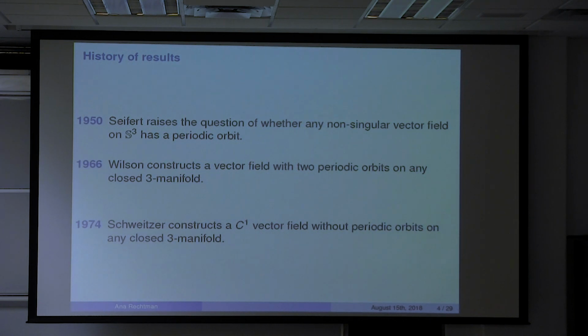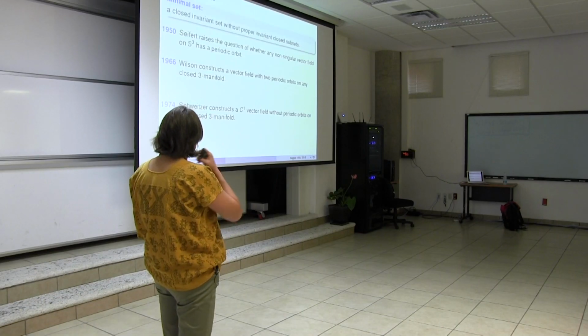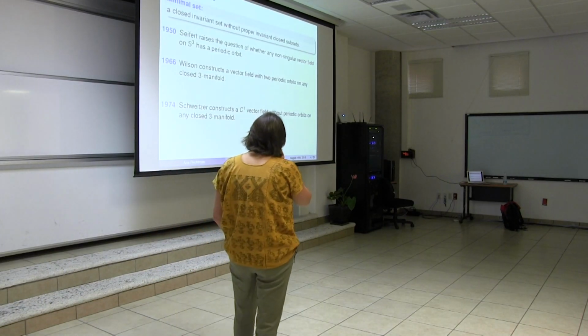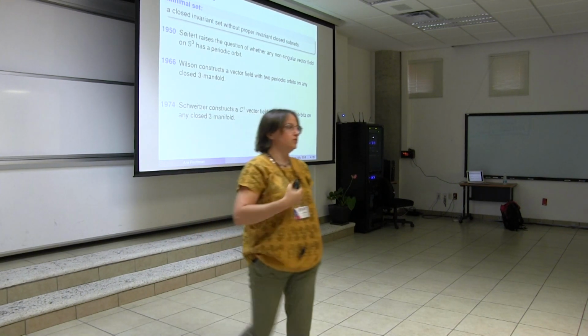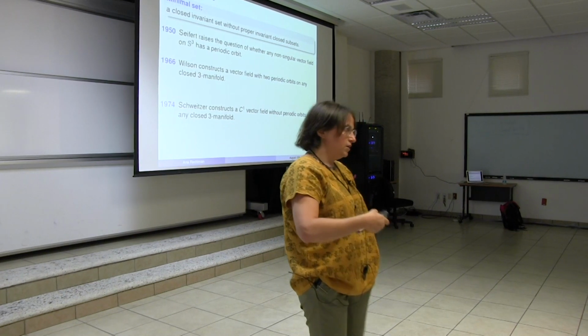And then there was some amount of effort to prove that you cannot do C-infinity between Schweitzer's results and Christina's results. There are a couple of papers that try to prove that you cannot do C-infinity, even if now we know that we can do it. So one of the main things of Wilson and Schweitzer's constructions is that you start with the minimal set and you build a plug around it.